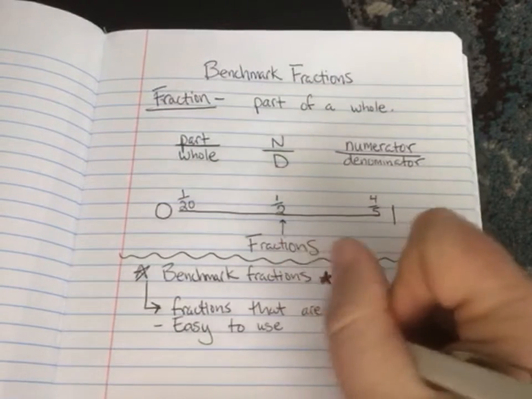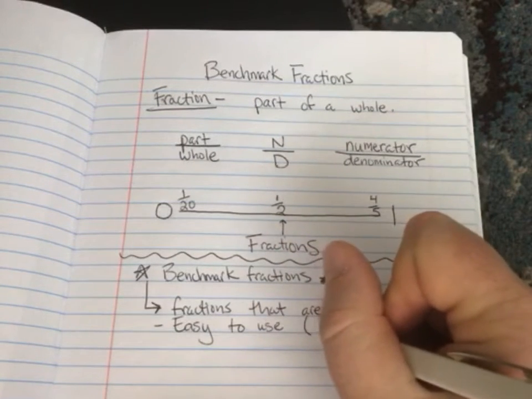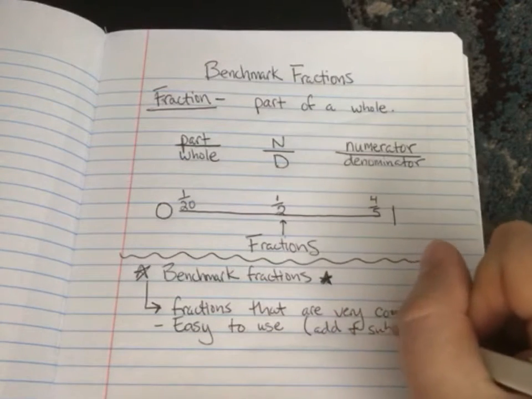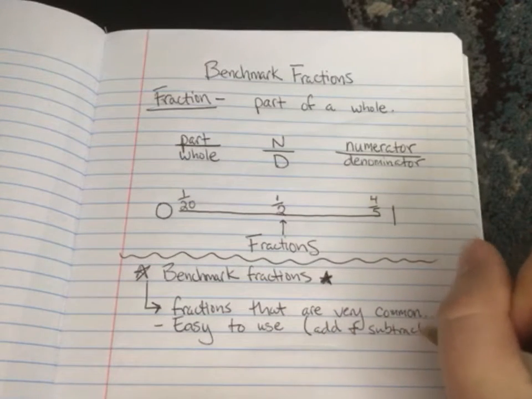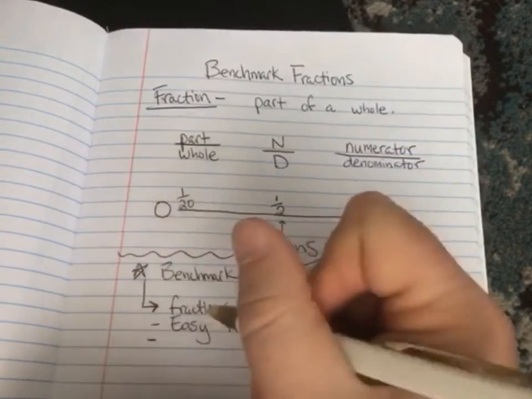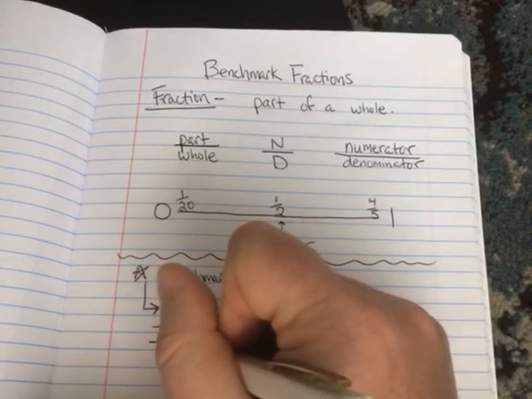And then in parentheses, I'm going to write add and subtract, because we're going to get to that potentially. They're friendly fractions. So instead of friendly numbers, they're friendly fractions.